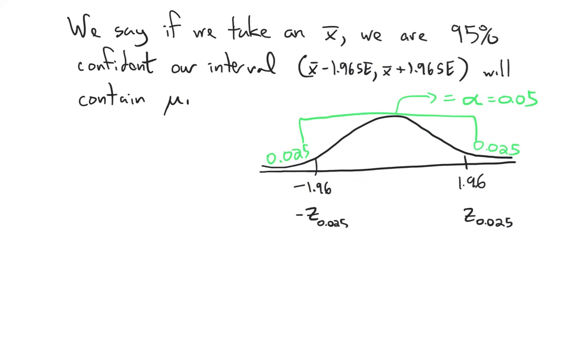So, if we take any sample mean we like, so we take a sample of data, we compute the mean, we are, in this case, 95% confident that our interval centered at our sample mean, and then within 1.96 standard errors below and 1.96 standard errors above, that interval will contain the true population mean, of course, 95% of the time. And just a little bit of notation here.